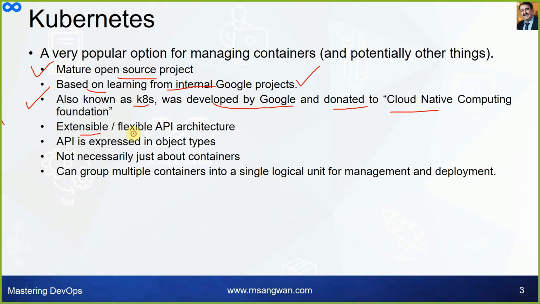It has an extensible, flexible API architecture, and the API is exposed in object types. Not necessarily just about containers, because it can manage other things also. It can group multiple containers into a single logical unit known as a pod for management and deployment.